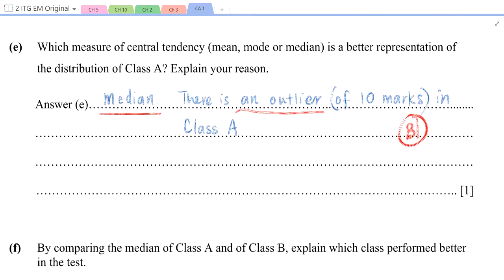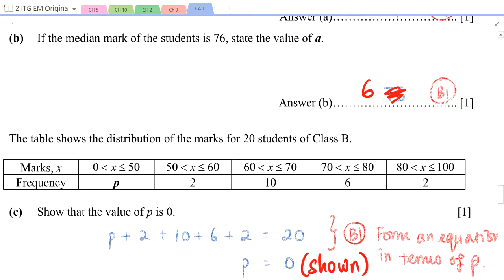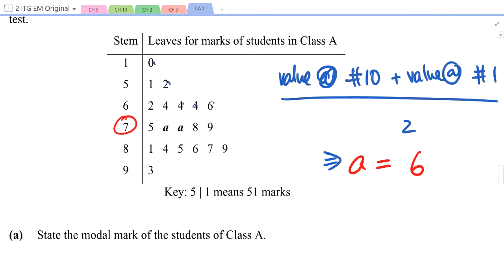Which measure of central tendency is a better representation of the distribution of class A? In class A, if you want to find the average, the measure of central tendency, we like to use the mean. But sometimes the mean is not a good idea. Then we will use the median.